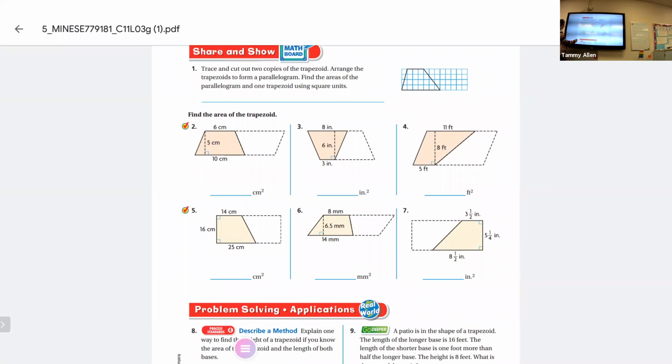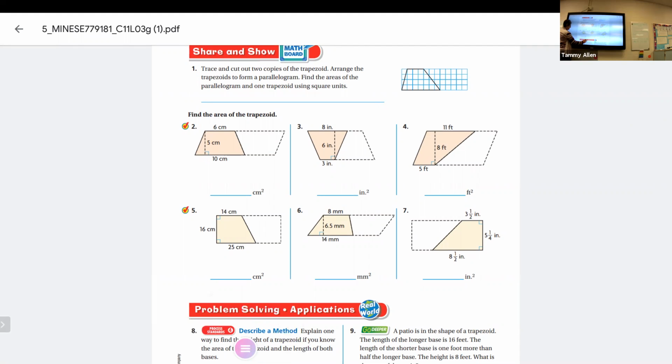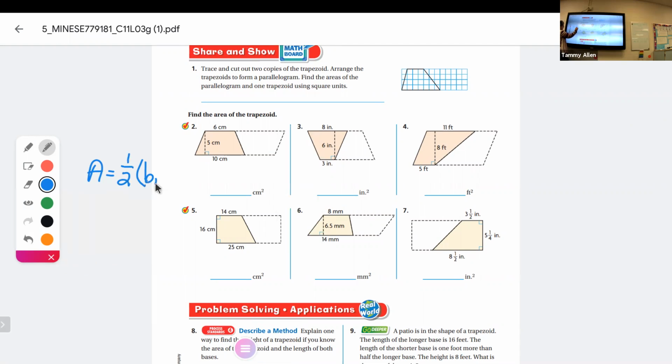Number 2. Area equals 1/2 the sum of base 1 plus base 2 multiplied by the height. And if I'm going too fast for your room, don't hesitate to call down here.